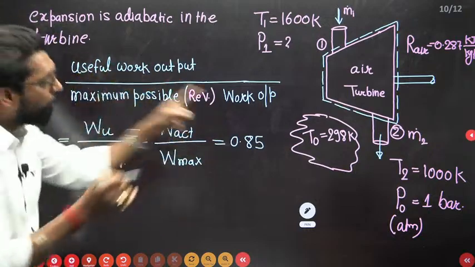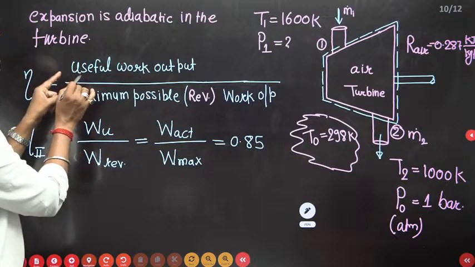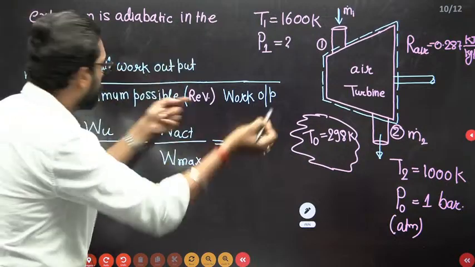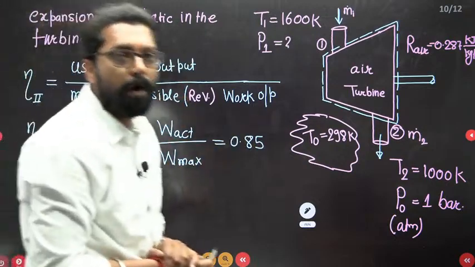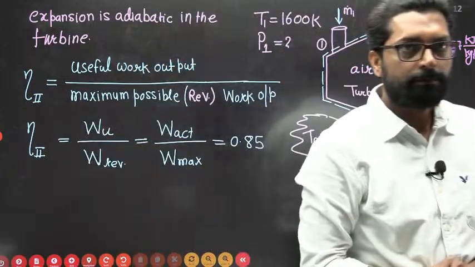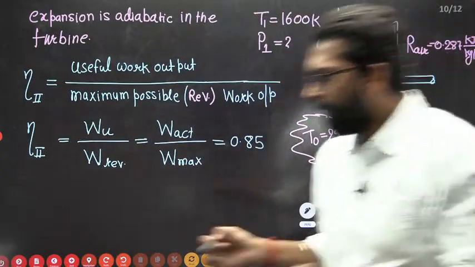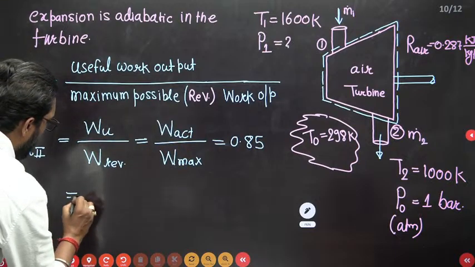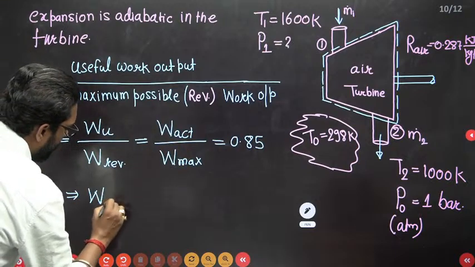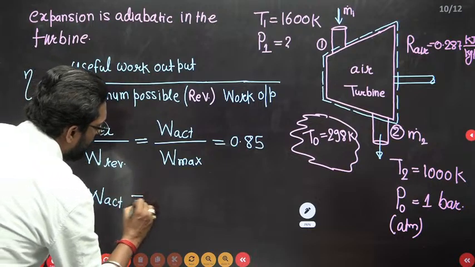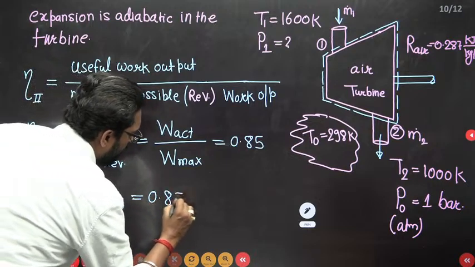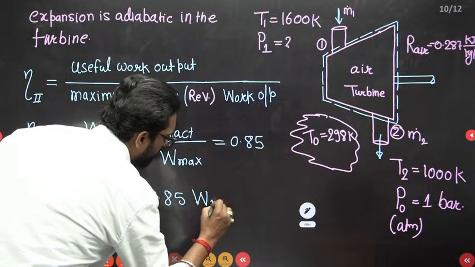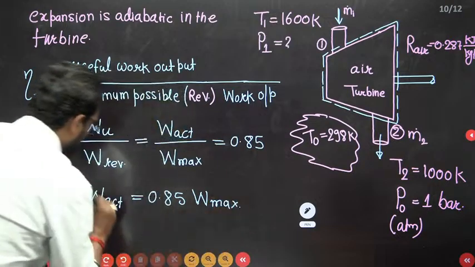This is a work output device, so the second law efficiency is useful work output divided by maximum work output. So the actual work is equal to 0.85 times the maximum work. This is one relation.